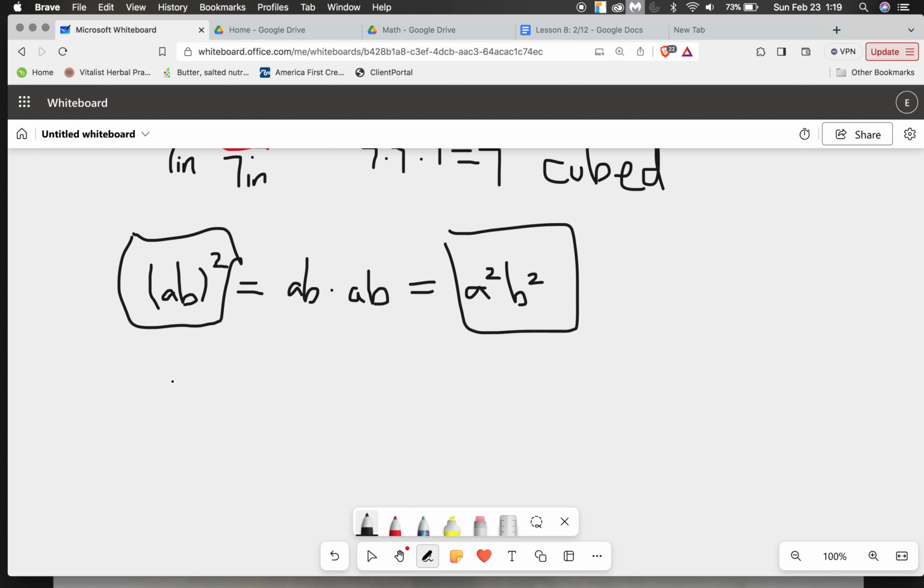You might also see terms like this, A plus B in parentheses, and this is squared.